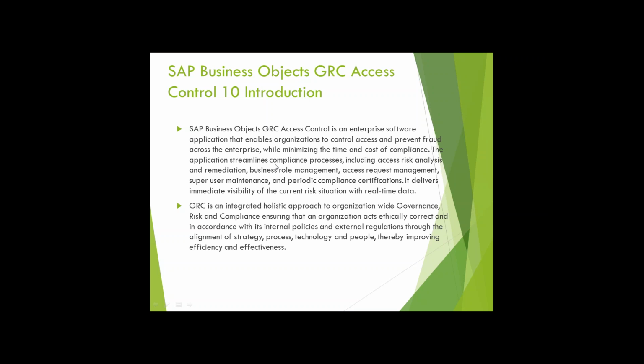The application streamlines compliance processes, including access risk analysis, remediation, business role management, access request management, super user maintenance, and periodic compliance certifications, which delivers immediate visibility of the current risk situation with real-time data.